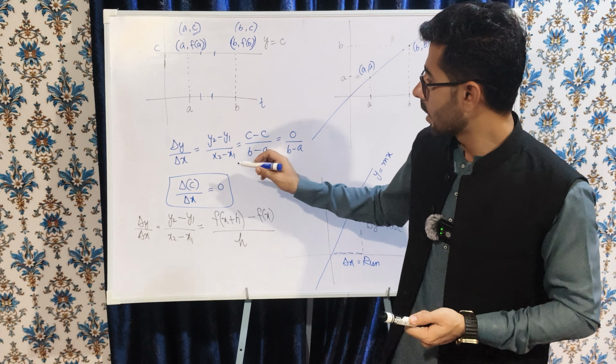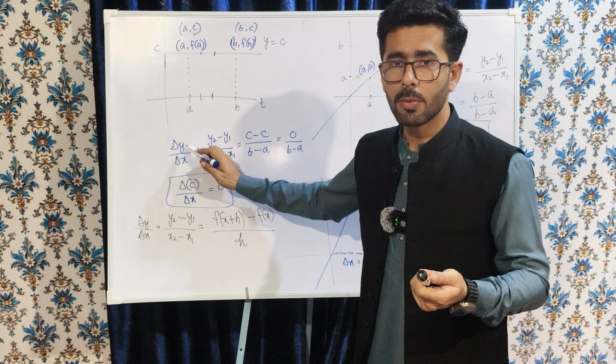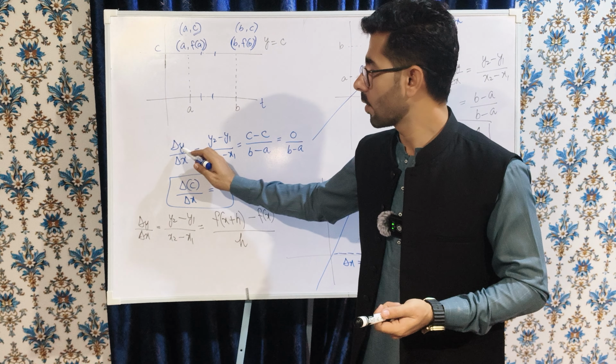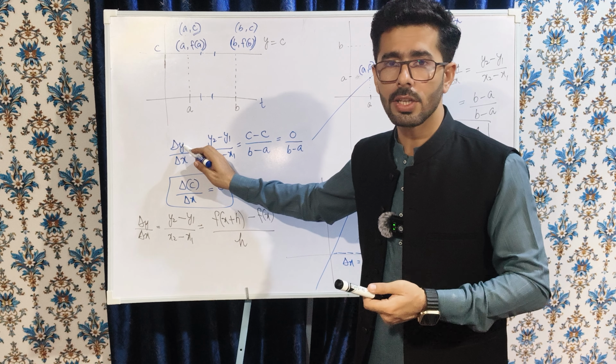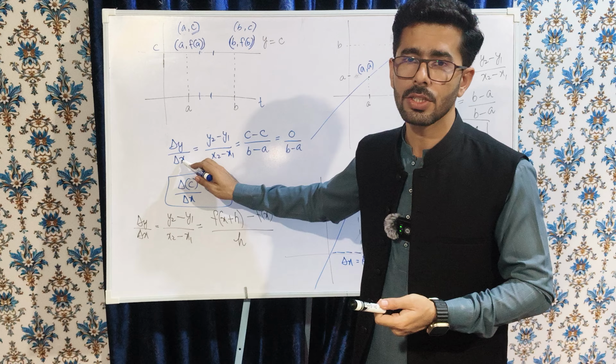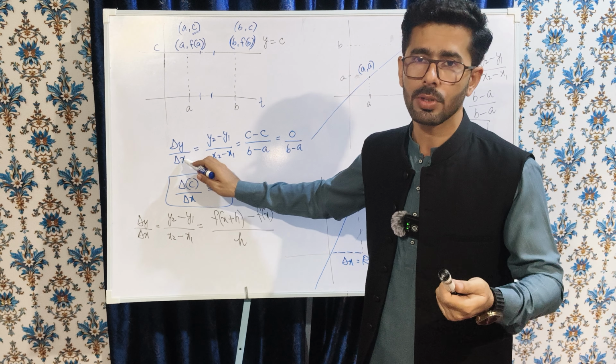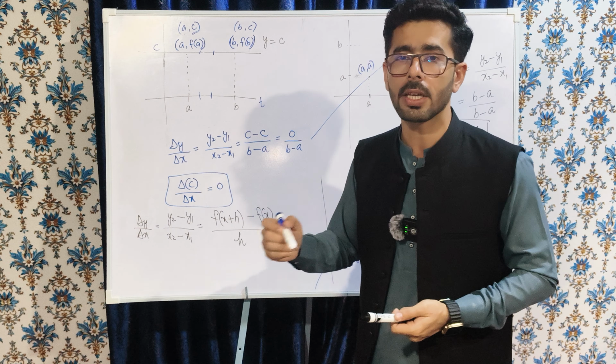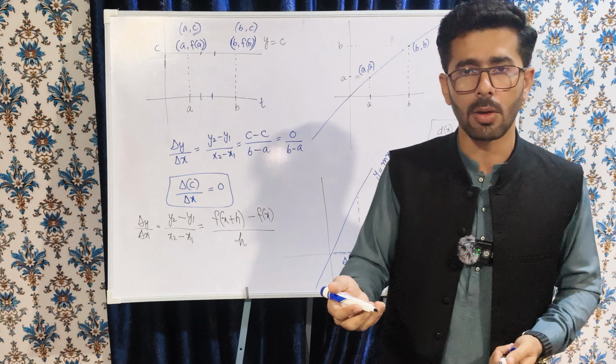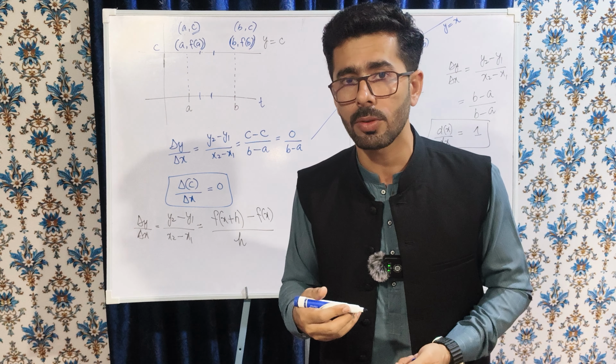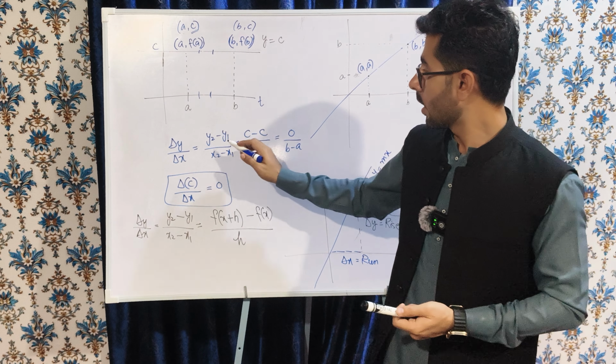If we look at it from an algebraic point of view, the change in y with respect to the change in x, the independent variable. So what changes are happening in the dependent variable, or in the outputs, with respect to the changes that we made in the inputs.